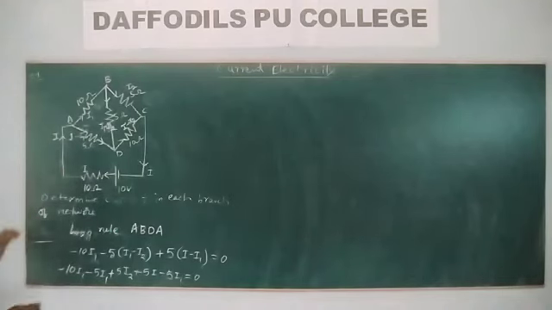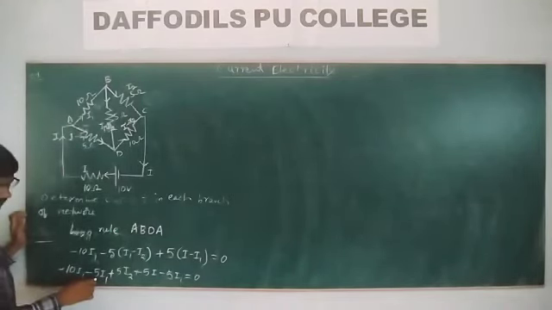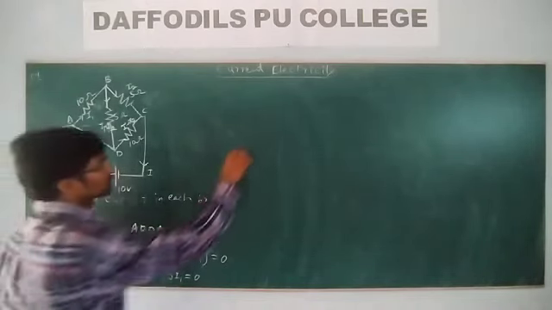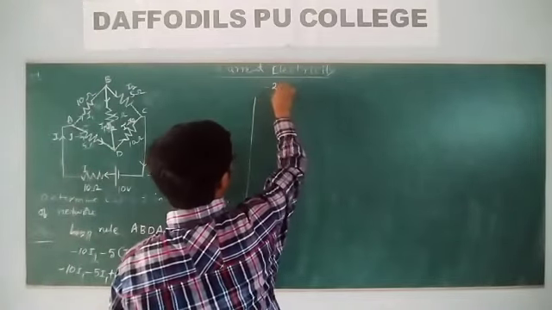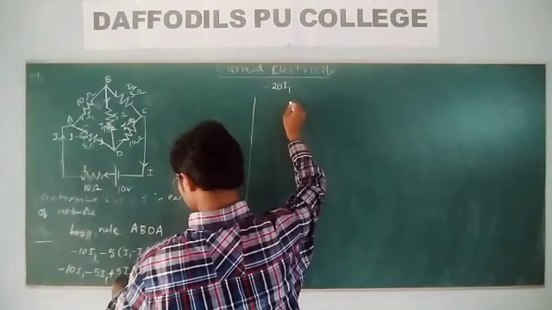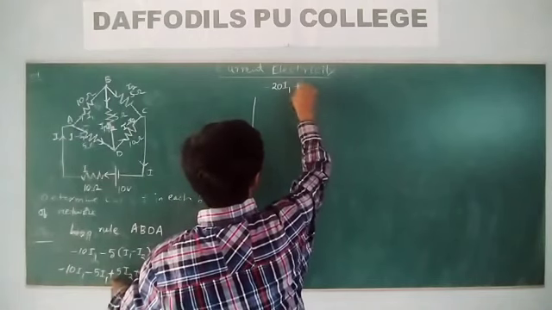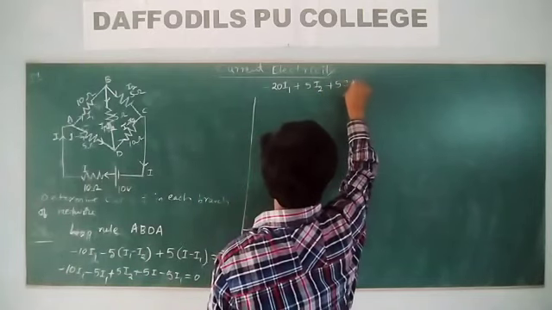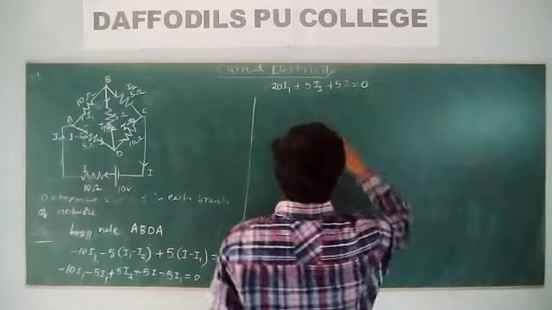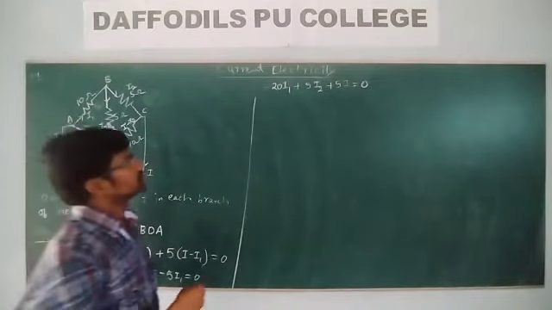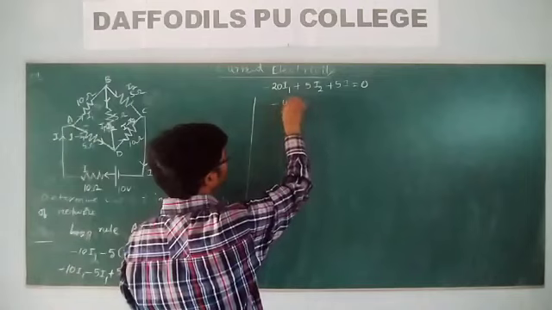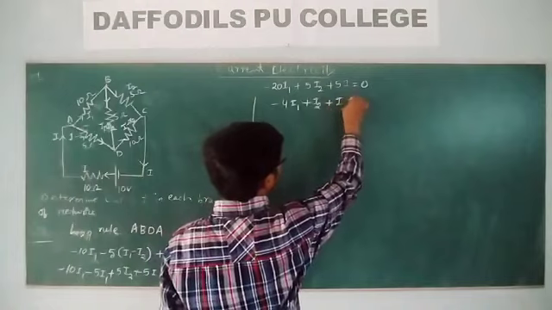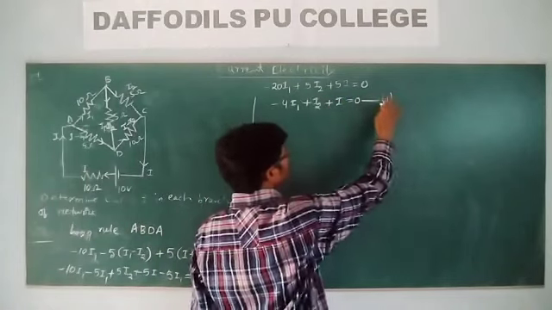Now minus 10 I1 minus 5 I1 is minus 15 I1, again minus 5 I1, so minus 20 I1 plus 5 I2 plus 5 I is equal to 0. If you simplify, then minus 4 I1 plus I2 plus I is equal to 0. Let me take it as the first equation.